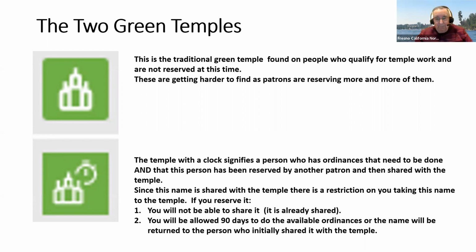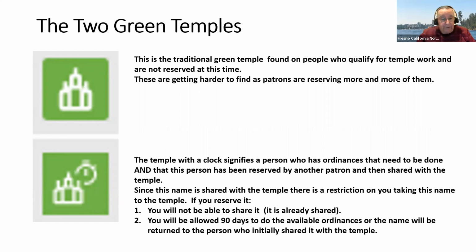That means that this name's already reserved by somebody else, but they have shared it with the temple. And when they do that, everybody in the system is able to then go in and reserve that name, take that name to be done.